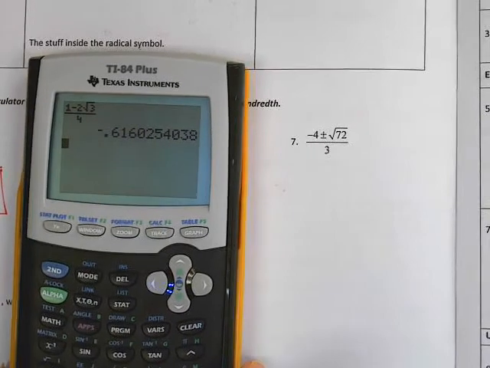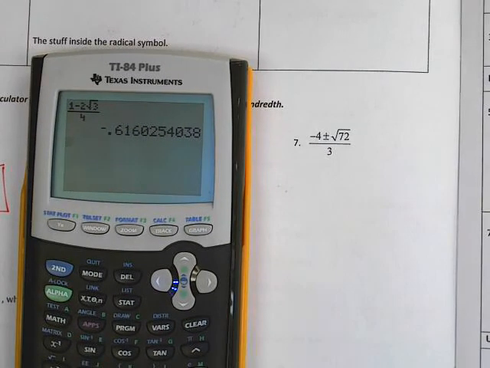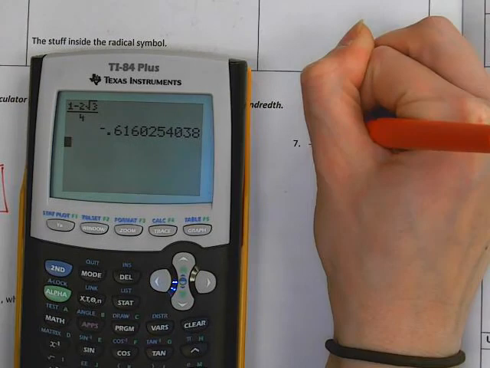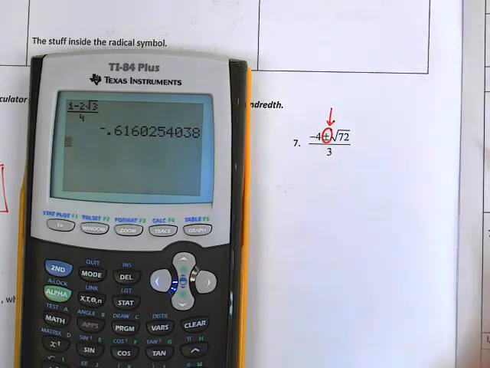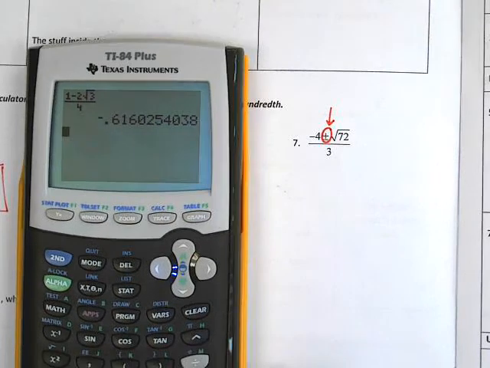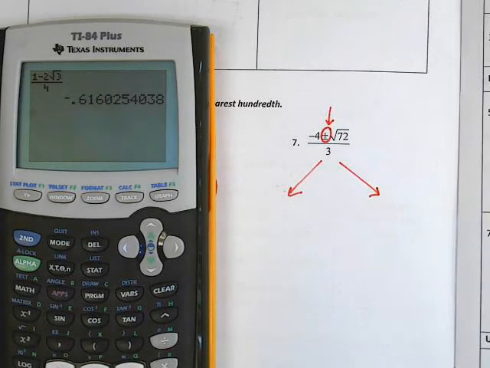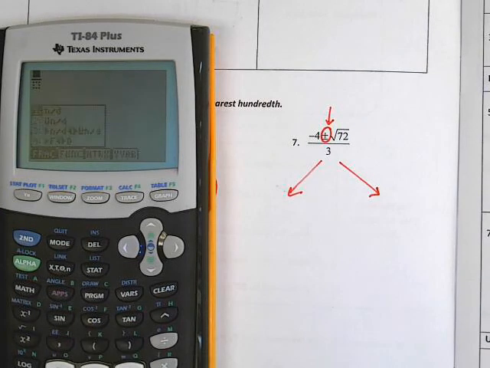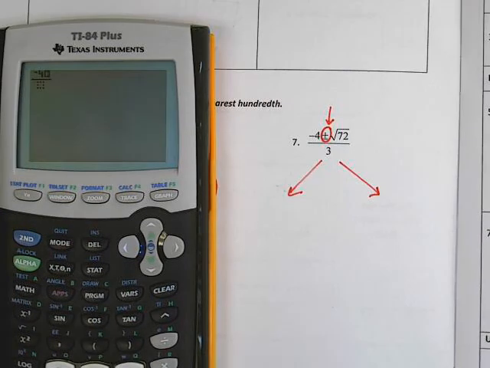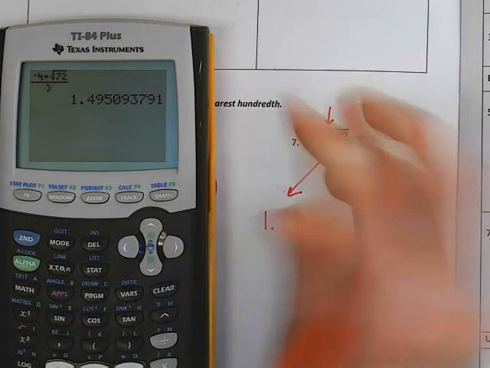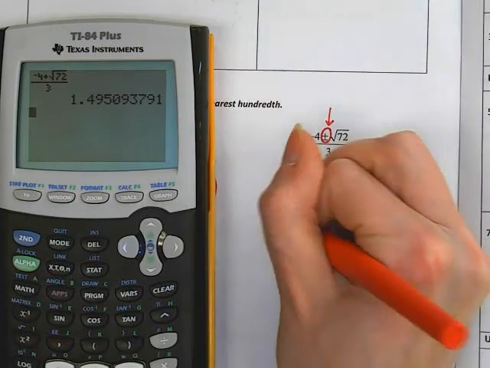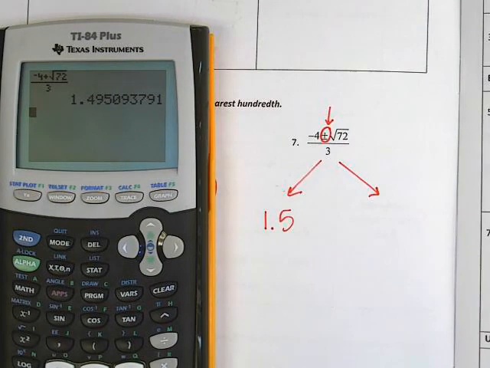Okay, now this one, the bad news is we have to do it twice because there is no button that does plus and minus. So we're going to have to get two different answers. Okay, so let's make our fraction. Let's do the plus first. Negative 4 plus square root of 72 all over 3. So with the plus sign, we get 1.495, just rounds to 1.5.